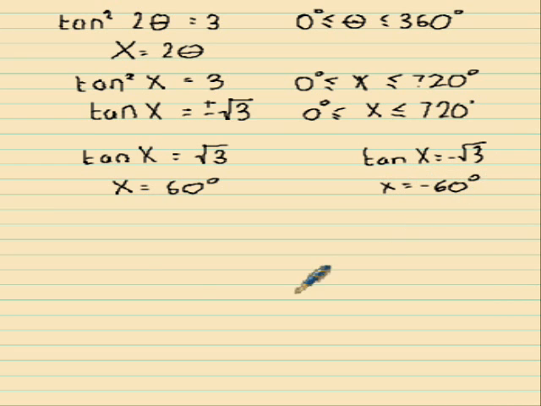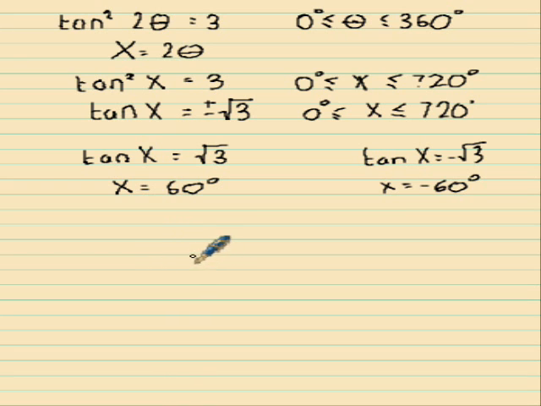But remember, we've only found the principal angle here that the calculator gives you. Now with tan, there's no partner angle, no symmetry that we need to worry about, but we do need to worry about the periodic function, and that we're going to add and subtract multiples of 180 to these solutions.